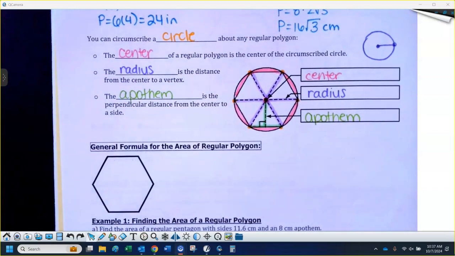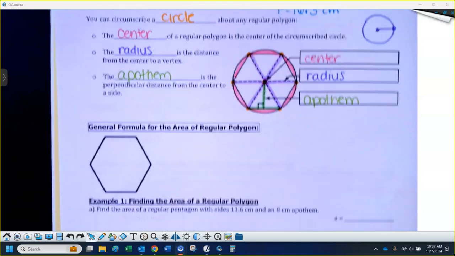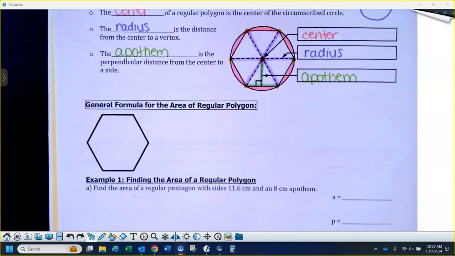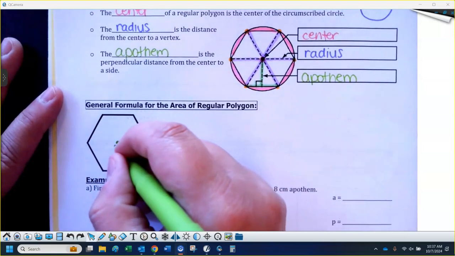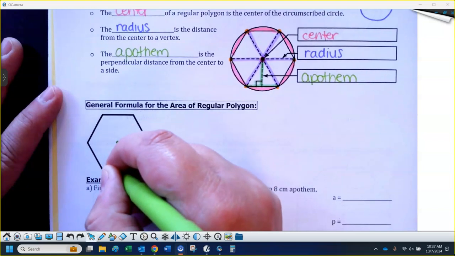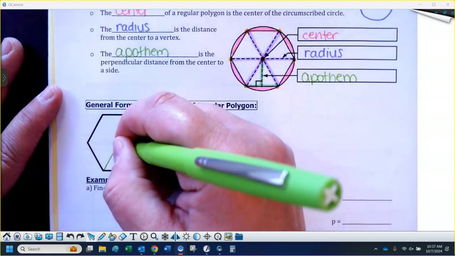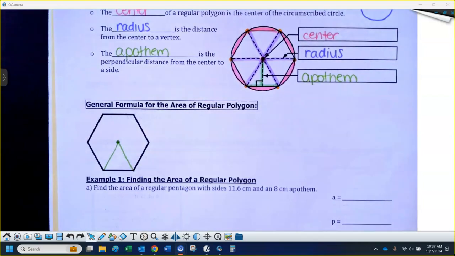Now, I did a hexagon for my picture here. You could do this for an octagon, any shape, any regular polygon. I just put a little hexagon on here to help us set up this formula. Okay, so I'm just going to eyeball the center of this, and I'm going to draw a radius to just two of the vertices.